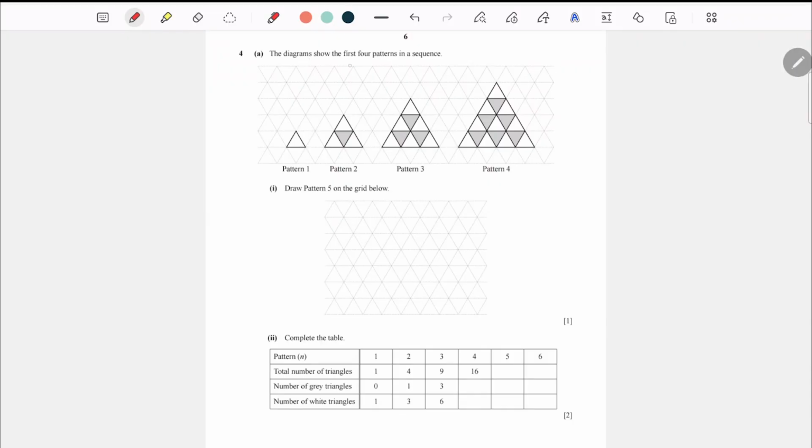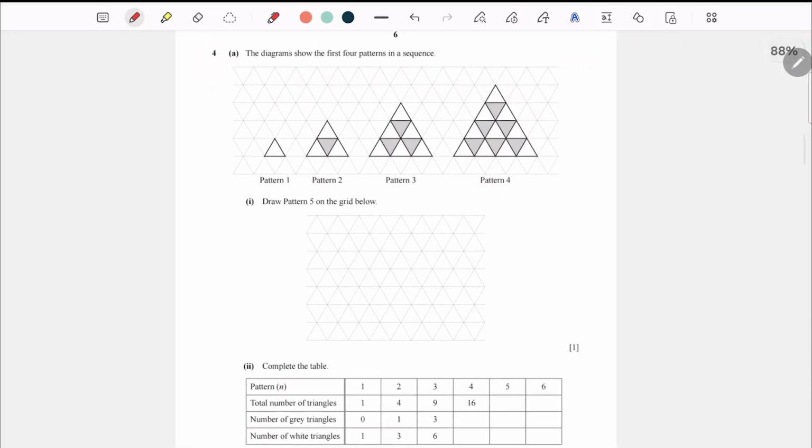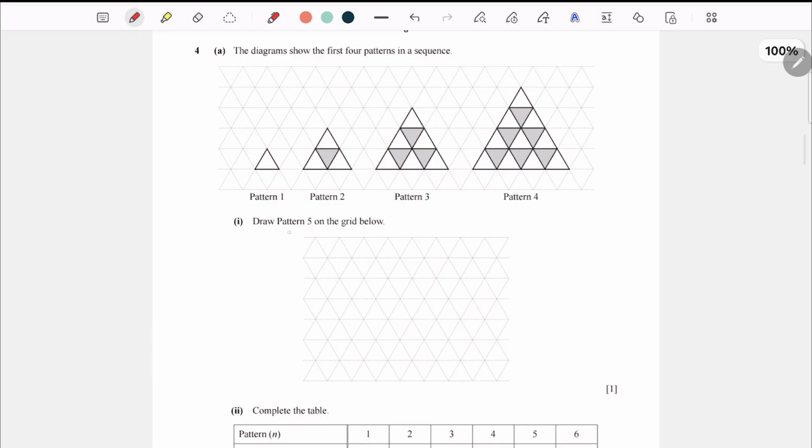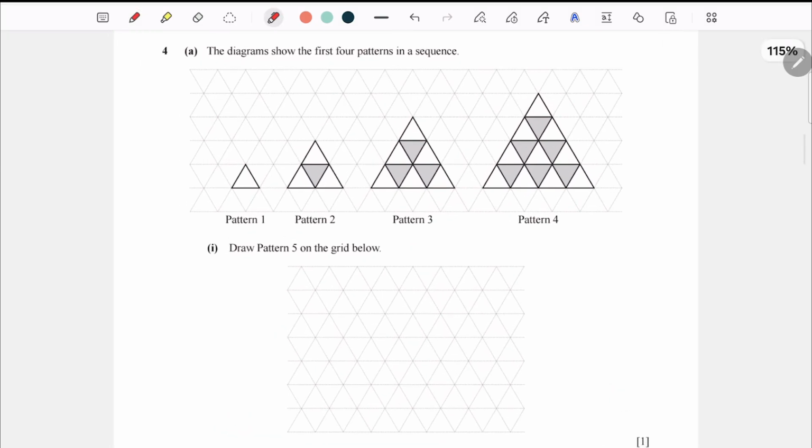Question 4. The diagram shows the first 4 patterns in a sequence, and we have to draw pattern 5 on the grid. So basically, if I analyze the given patterns, pattern 1 is made up of one triangle on either side. Pattern 2 is made up of 2 on either side. Pattern 3 is made up of 3 triangles. Pattern 4 is made up of 4 triangles on all 3 sides.